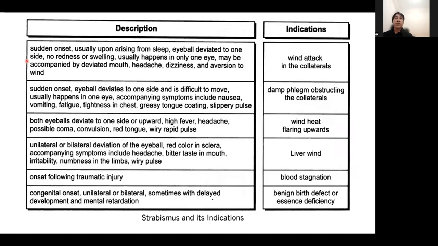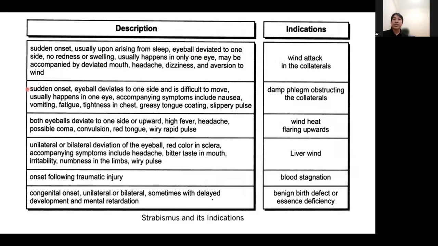Sudden onset, usually upon arising from sleep. Eyeball deviated to one side, no redness or swelling. Usually happens in only one eye. May be accompanied by deviated mouth, headache, dizziness, and aversion to wind. This is an indication of wind attack in the collaterals.